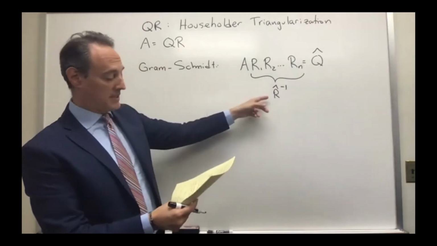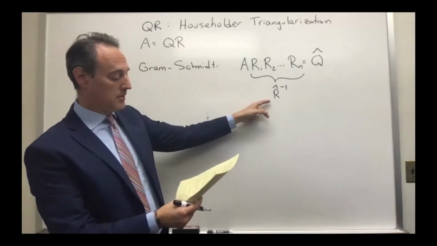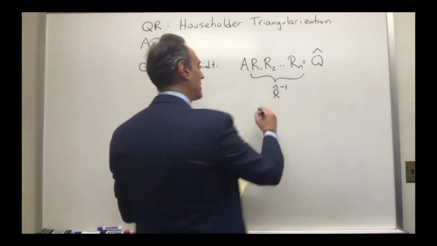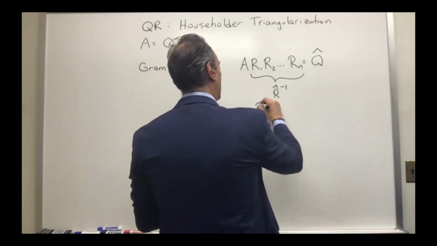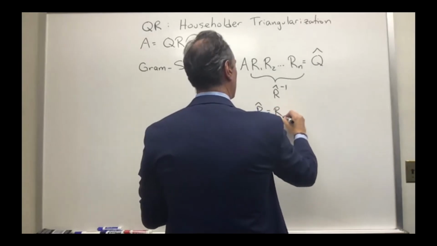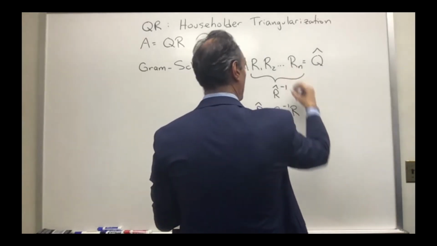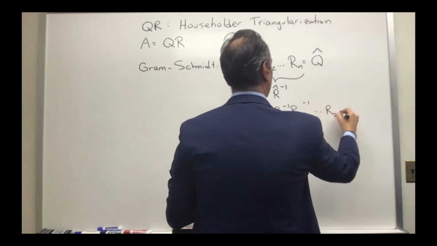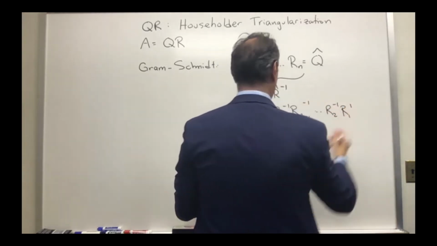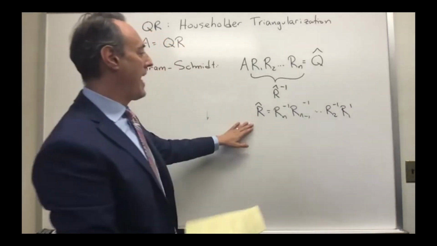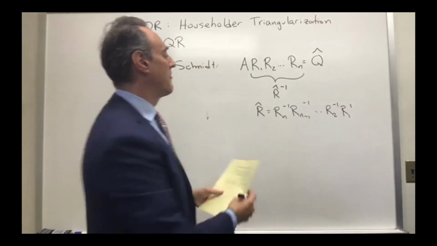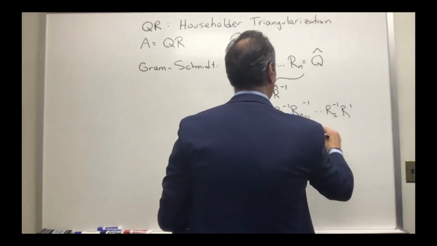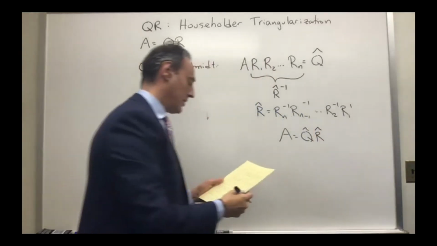And this matrix has orthonormal columns, so that what you can do with it is you can construct R, which is equal to this sequence, the inverse of each one of these. Okay? And that is your R matrix, and that finishes your decomposition.